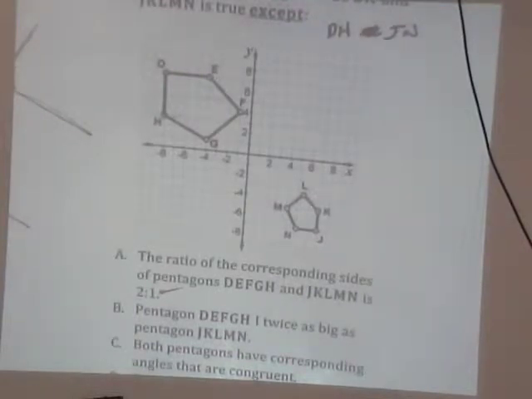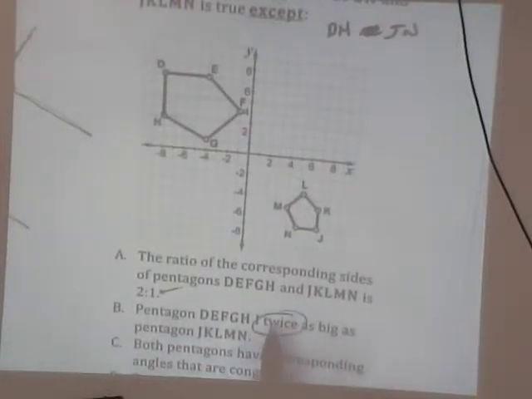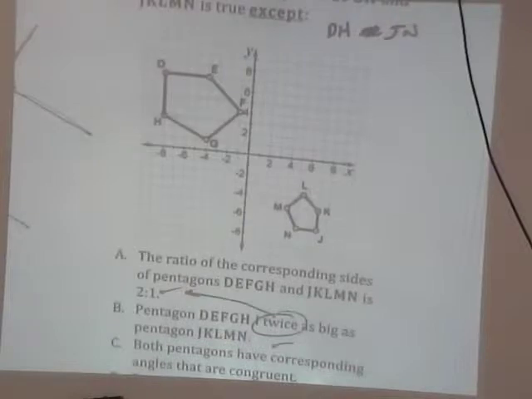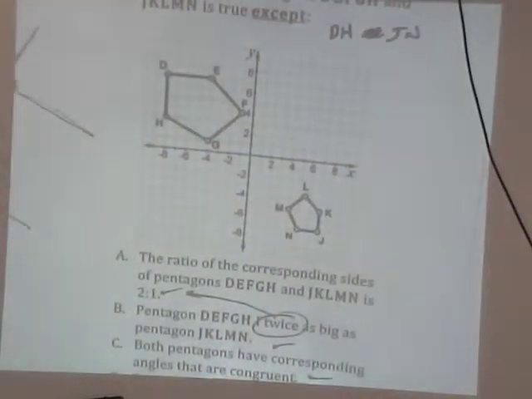Pentagon DEFGH is twice as big as the other pentagon. Sounds good, right? Twice as big, 2 to 1. Both pentagons have corresponding angles that are congruent. That's basically the definition of similar. Corresponding angles have to be congruent.